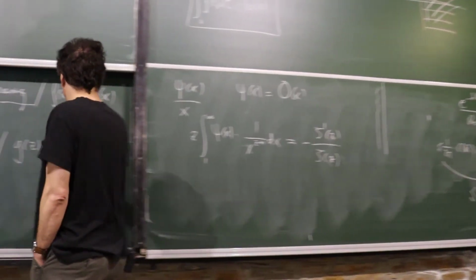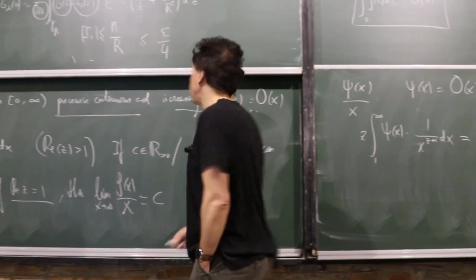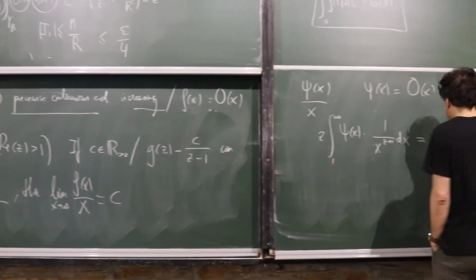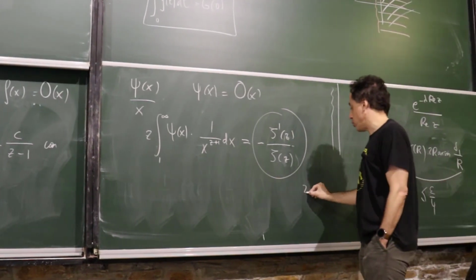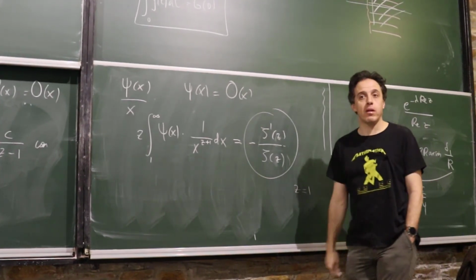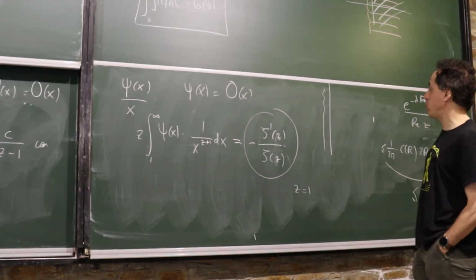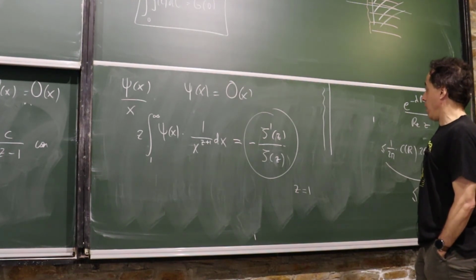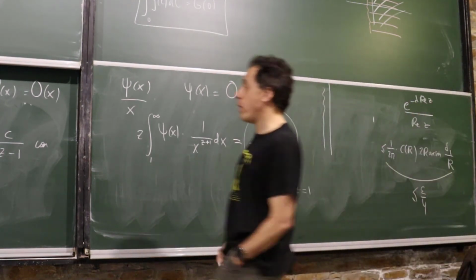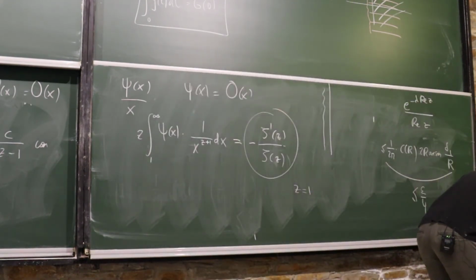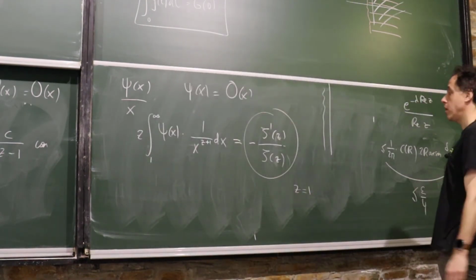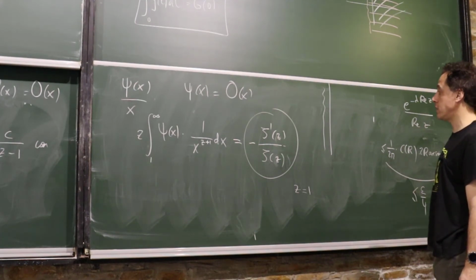And why does this happen? This function here has a pole at z equal to 1. In fact, it has a pole at z equal to 1. Why? Sorry, let me see.